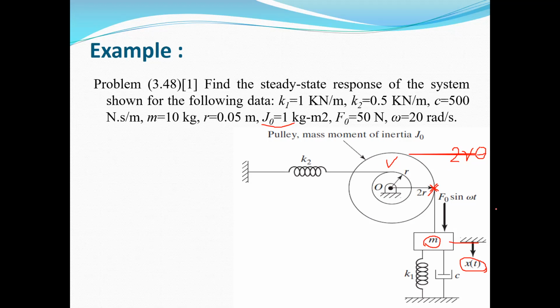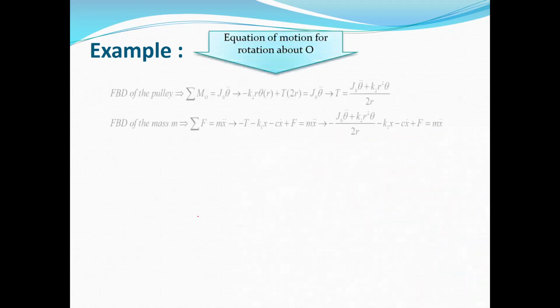But we need to plot the free body diagram for both the pulley and the mass, and also find the tension in this cable. And by finding this relation, we can find only one equation of motion, which includes the motion of the pulley as well as the motion of this mass M. So let's plot the free body diagram.